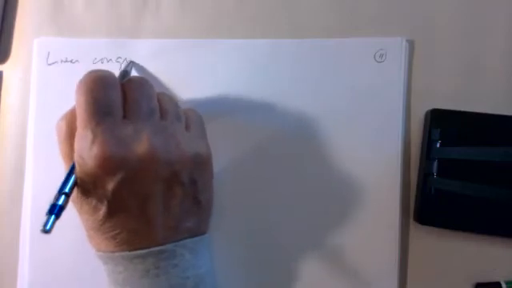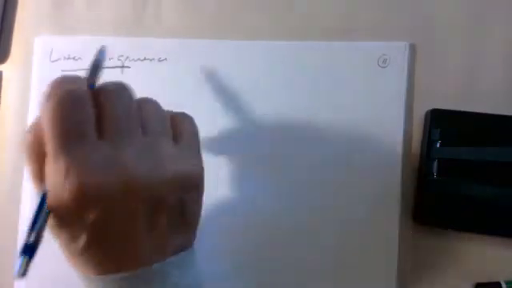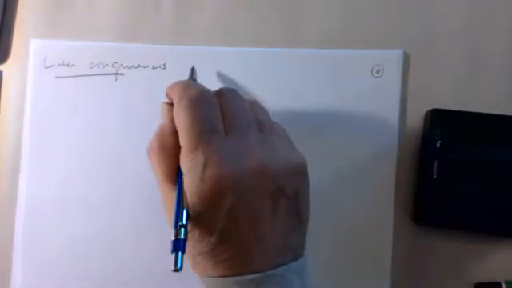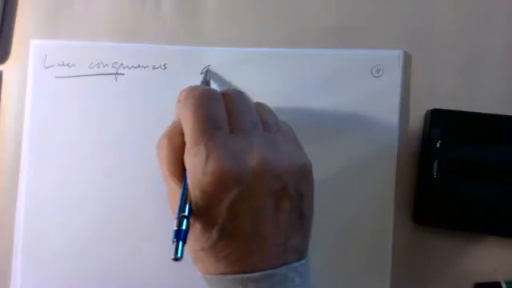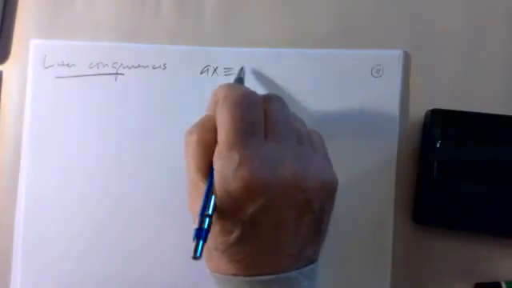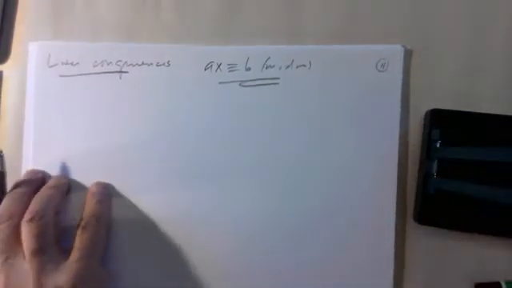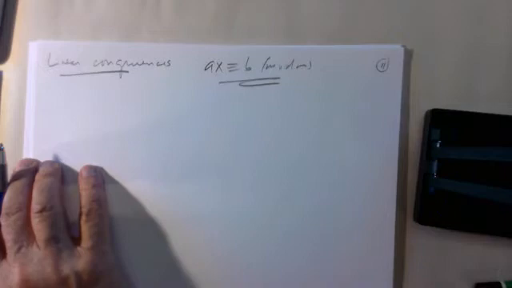So to solve that problem, we shall consider linear congruences. As in the lecture last Wednesday, a linear congruence is a congruence of the form AX congruent to B mod M. And we want to know when we can solve this and how many solutions there are.